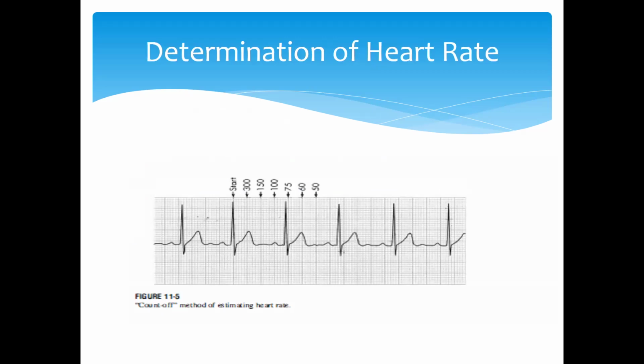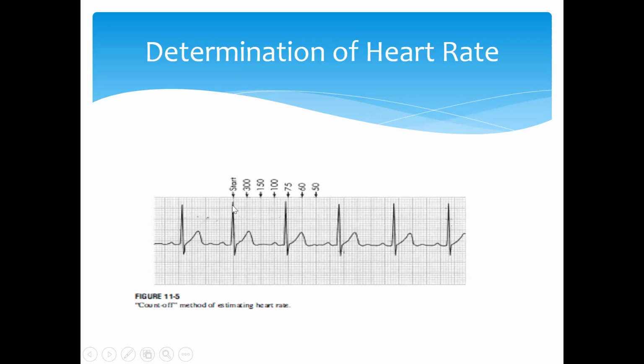Now this is one method through which we can calculate the heart rate. This image shows the counting method, which is also called the 300 rule method, for estimating the heart rate from an ECG using the distance between two consecutive R waves.